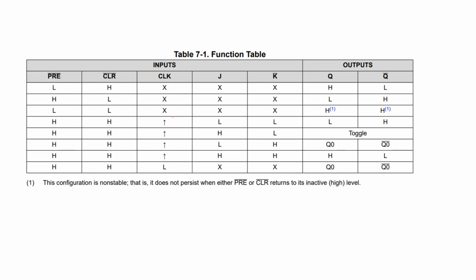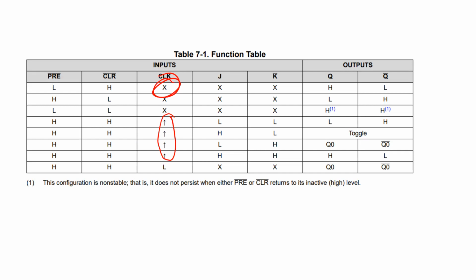When you set the truth table this way, it means the action will be taken at the rising edge. Here, when we put X, regardless of the clock, whether it's a positive edge, negative edge, high or low, it doesn't matter.